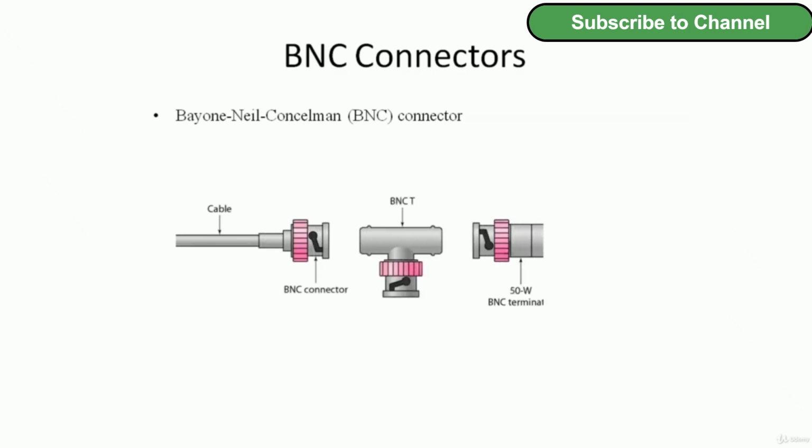You can see this picture of the BNC connector. This is the BNC connector. This one is the cable. This is the BNC T type, and this is the 50 ohm BNC terminator, and this one is the ground wire. So these are the connectors used in these coaxial cables.